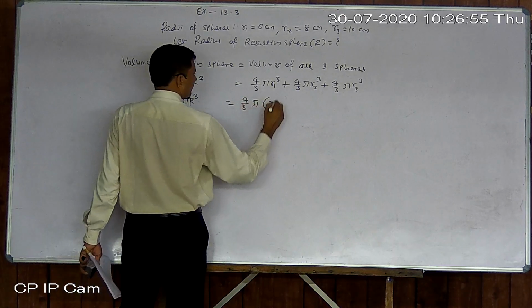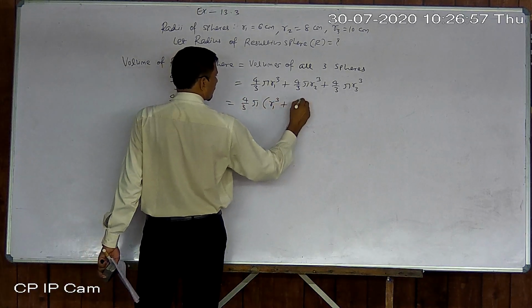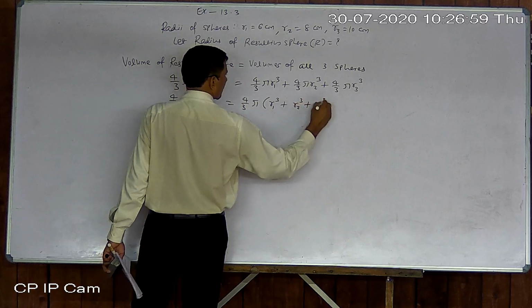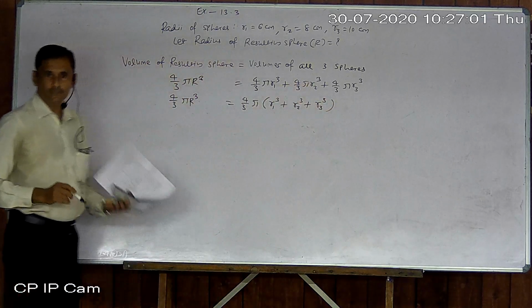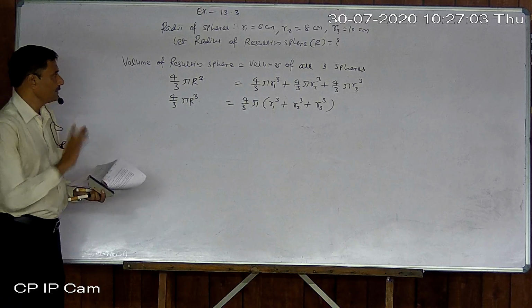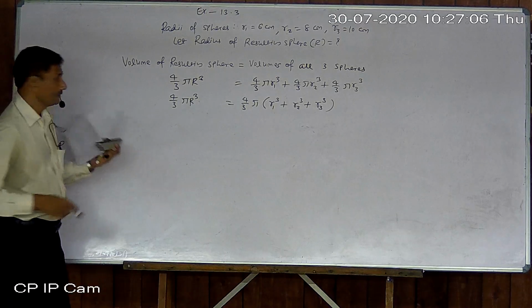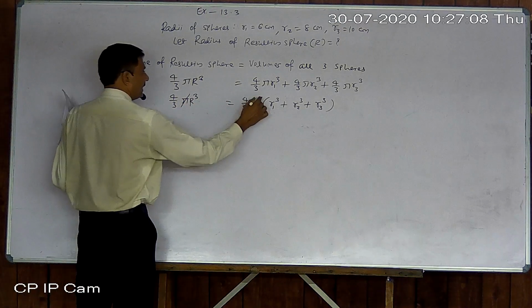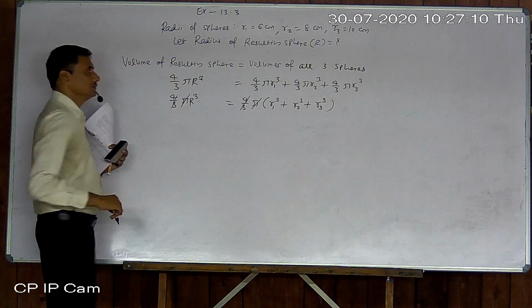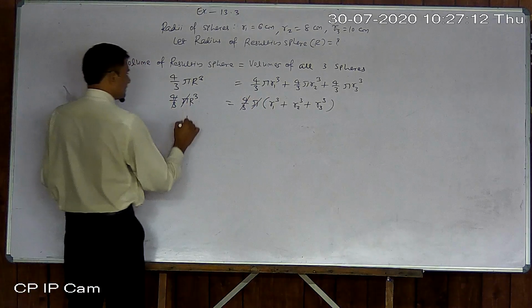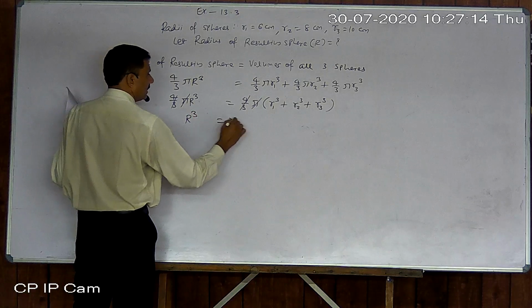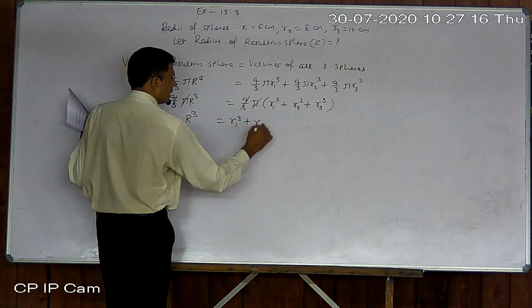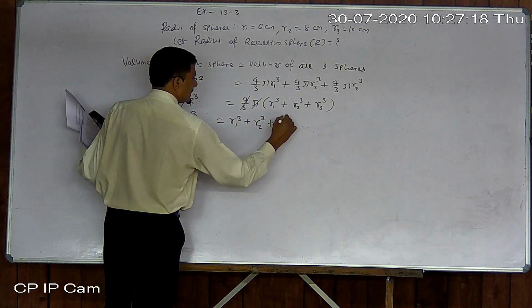So left is r1 cube plus r2 cube plus r3 cube. After taking common only, you can cancel out pi. So now you can cancel pi as well as 4 by 3 also. So whatever left, just write down once: r1 cube plus r2 cube plus r3 cube.